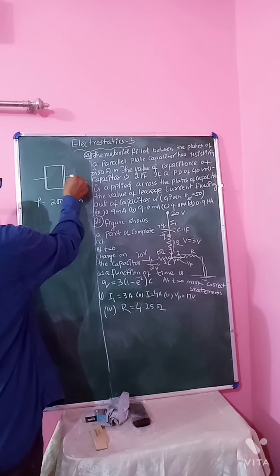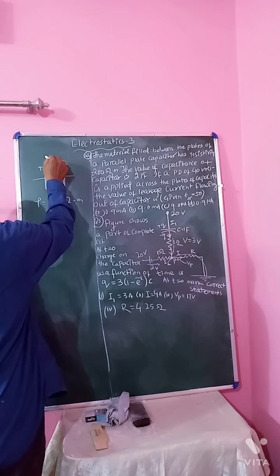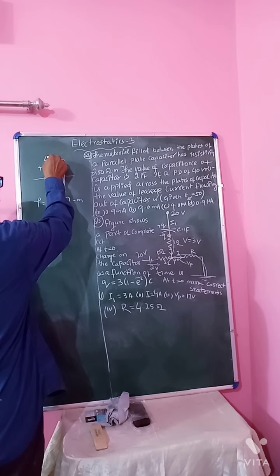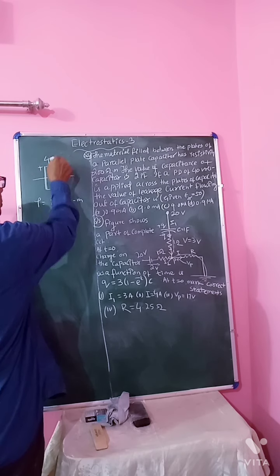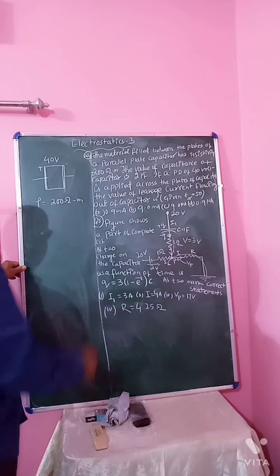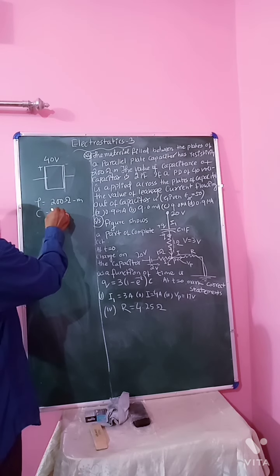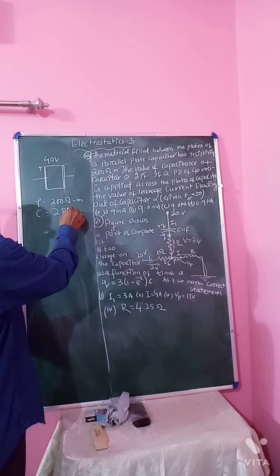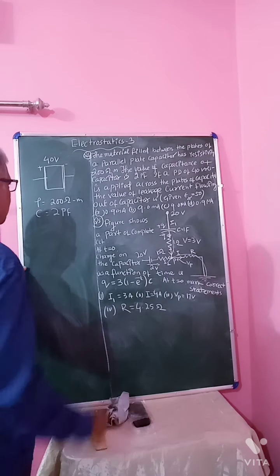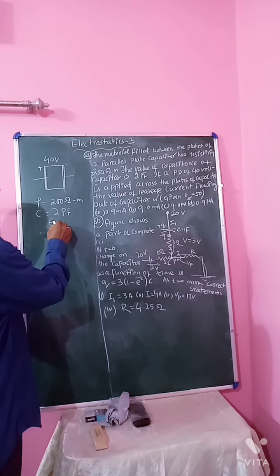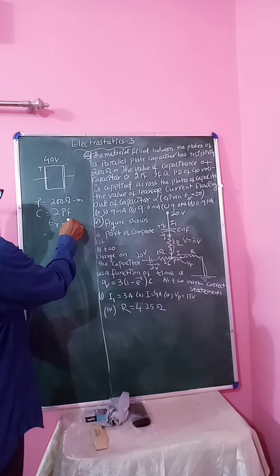Now it is charged to a potential difference of 40 volt and the capacitance is 2 picofarad. Relative permittivity, that is dielectric constant, is 50.